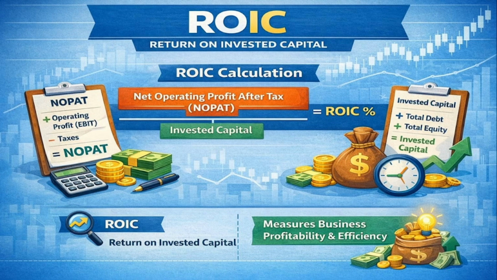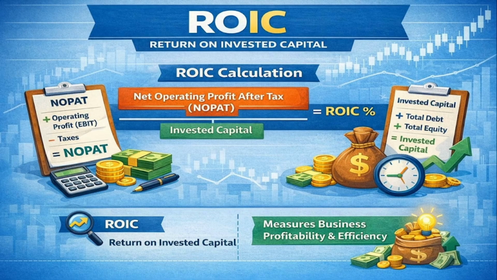Return on invested capital. What return on invested capital tells you is how efficiently a company turns invested capital into profits. For every dollar invested in the business, how much profit is generated? That's briefly what ROIC is telling us.